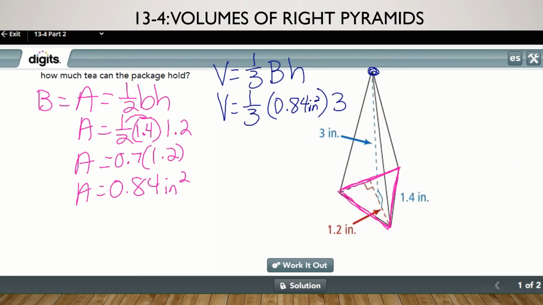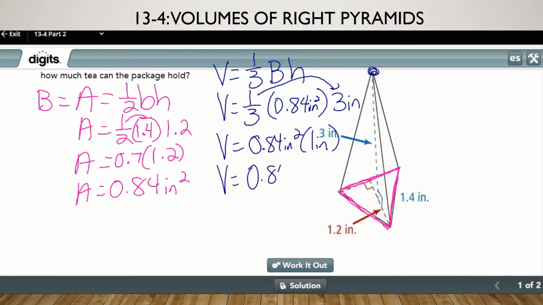You can multiply this however you want. I'm going to get 1/3 of 3, which is just equal to 1 inch. So if I multiply all of that together, I get 84 hundredths inches cubed.